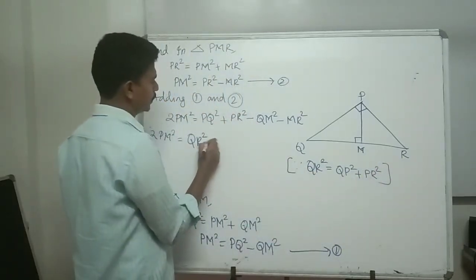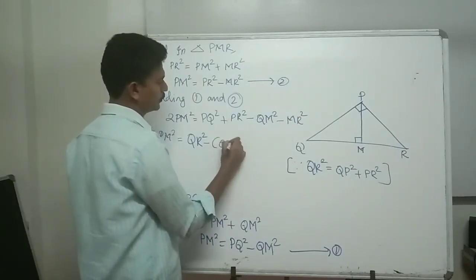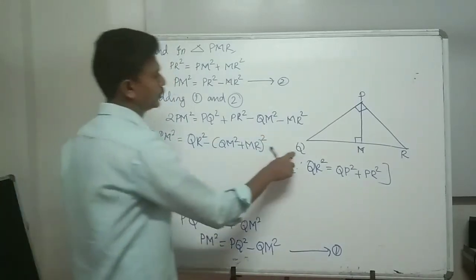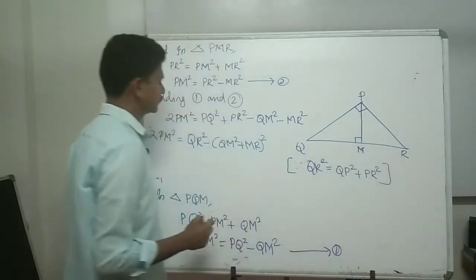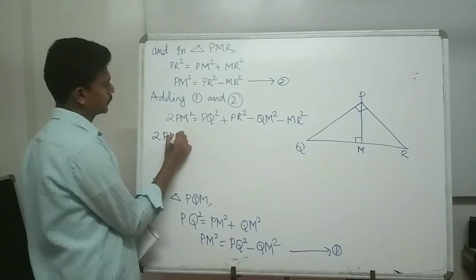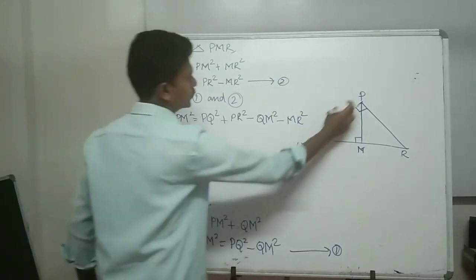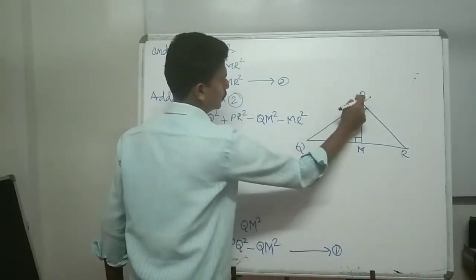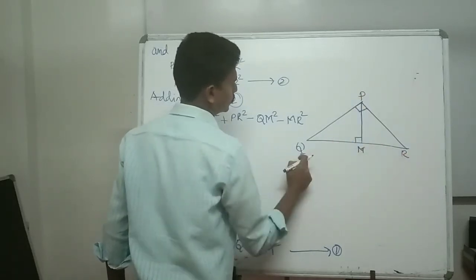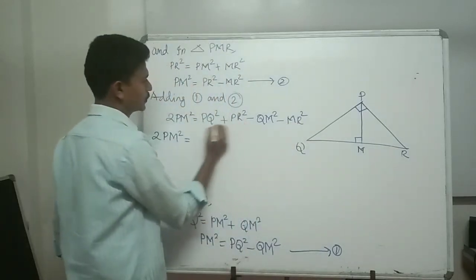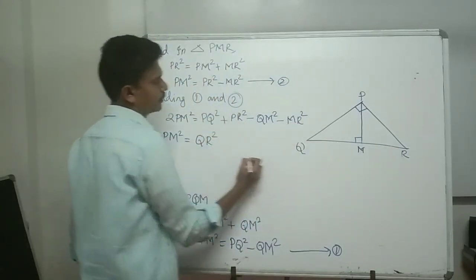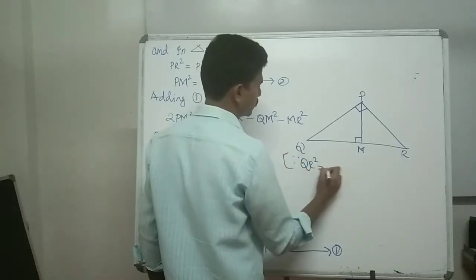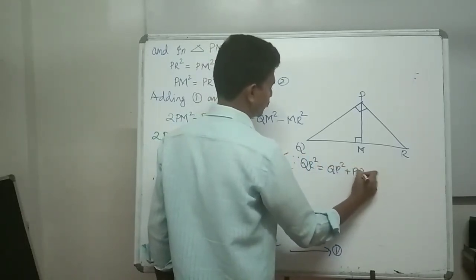So we write 2PM square is equal to PQ square plus PR square minus QM square minus MR square, and instead of PQ square plus PR square we write QR square, since QR square is equal to QP square plus PR square using Pythagoras theorem.